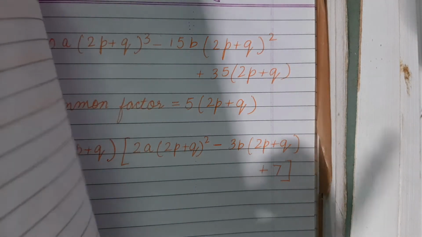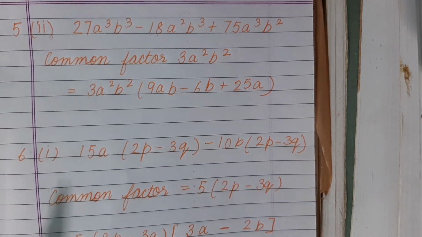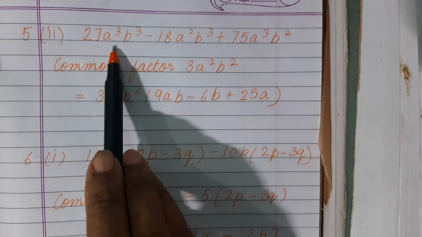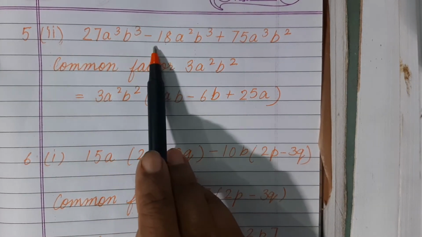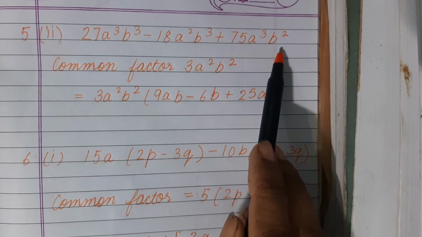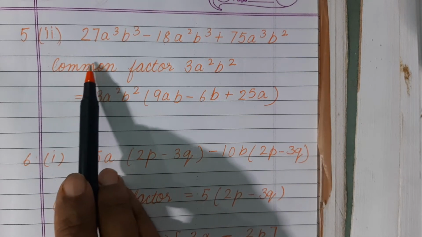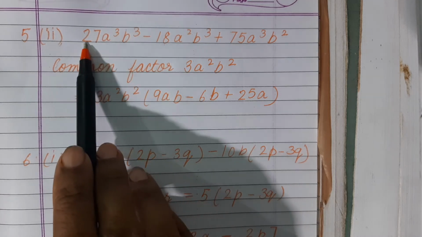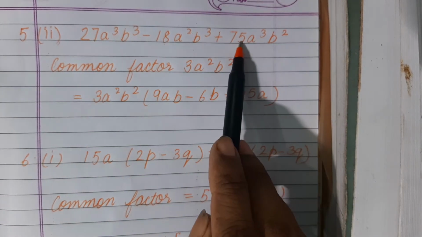Now next question, question number 5, second one, 27a cube b cube minus 18a square b cube plus 75a cube b square. Now we can see the numerical common factor of 27, 18, 75.